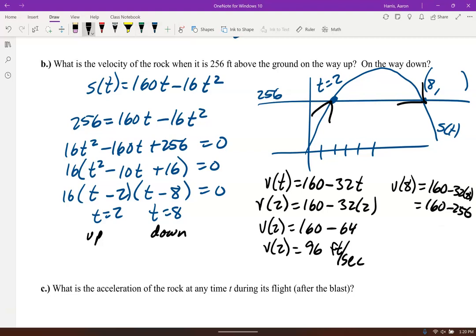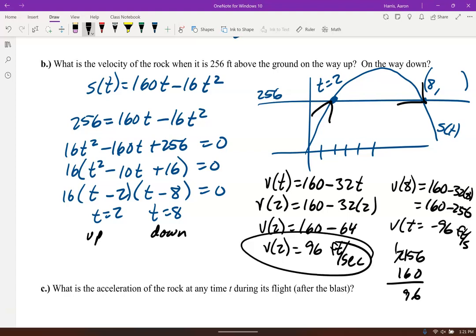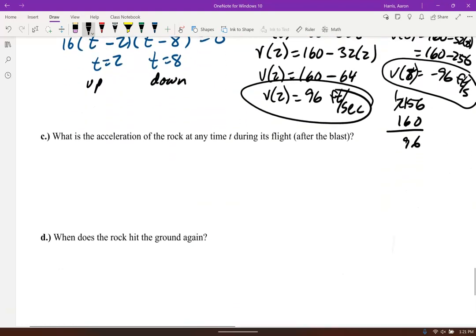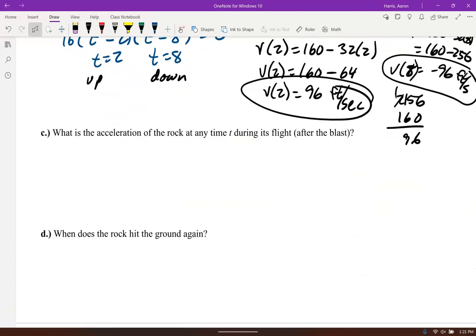Over here we got 256 minus 160, and it looks like we're negative 96 feet per second over here. So this one's a positive on the way up. This one at 8 seconds is on the way down, negative 96 feet per second. They happen to have the same speed, right? Both the same speed, even though they're going different directions.